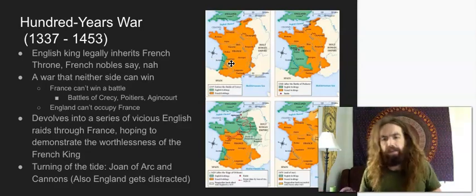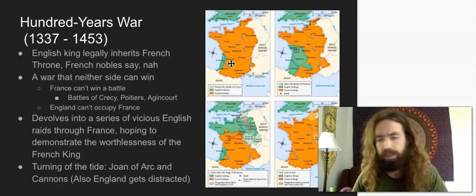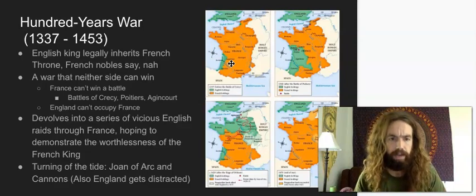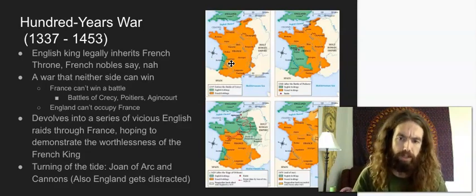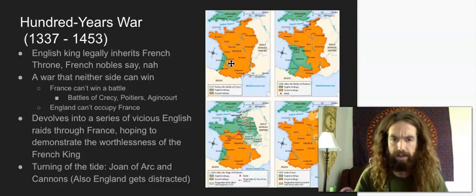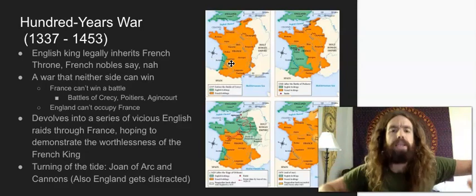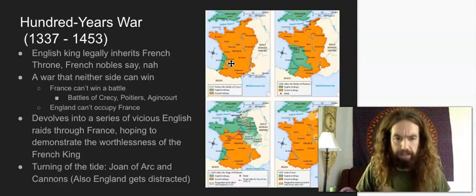So they basically hope that if they just continually invade and smack France over and over again, the French nobles will give up and eventually declare the English king king of France. This doesn't work. So basically, the English just keep invading France and keep sacking the countryside and bringing stuff back to England until they eventually get beat.